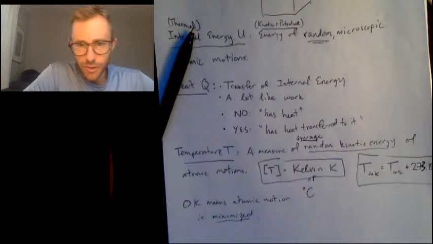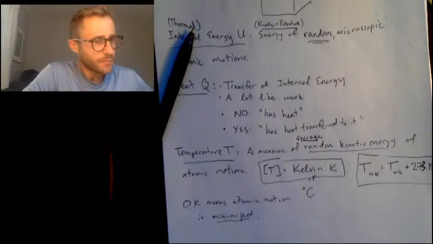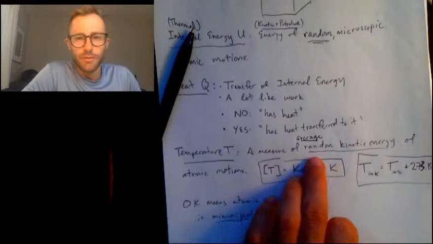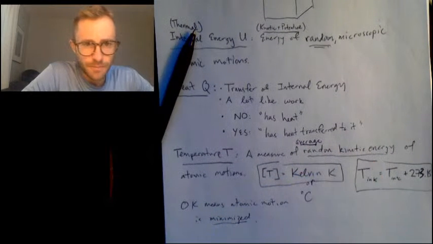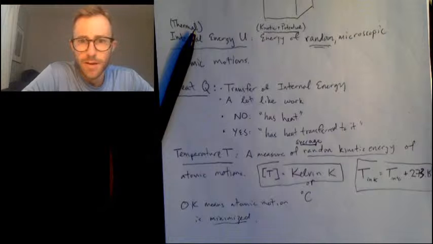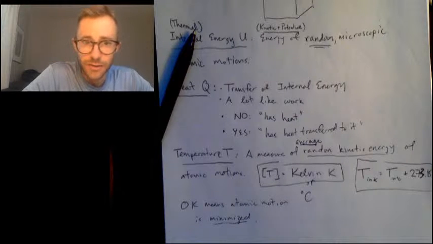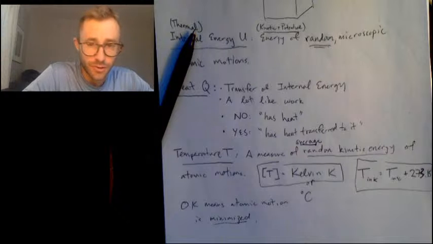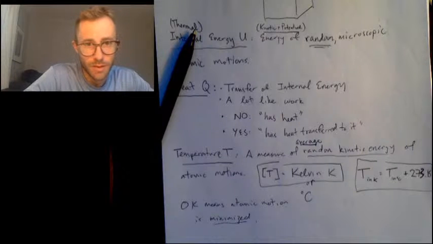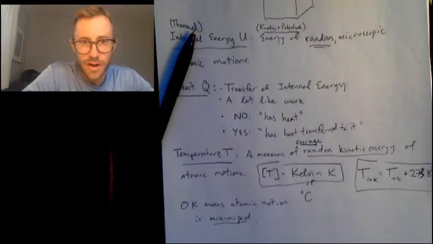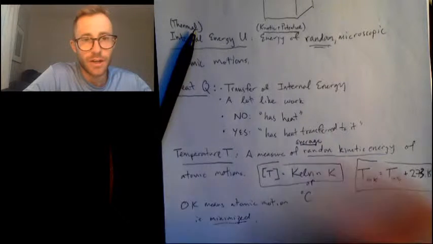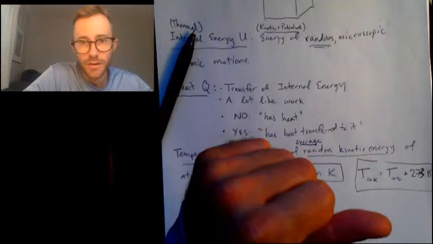Now you might ask the question, well, if temperature is a measure of random kinetic energy, why don't we just measure temperature in joules? And the answer is you can actually measure temperature in joules. Many of the more advanced thermodynamics textbooks that I have don't even use Kelvin.